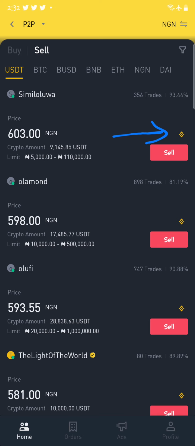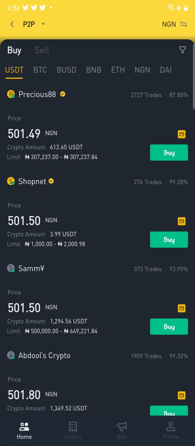You need to take note of that, so you don't just get distracted by the rates. The rate is also a factor of the payment method. If you see this payment method, it means you can use bank transfer, so you can pay the seller through bank transfer, or you would also get paid through bank transfer.